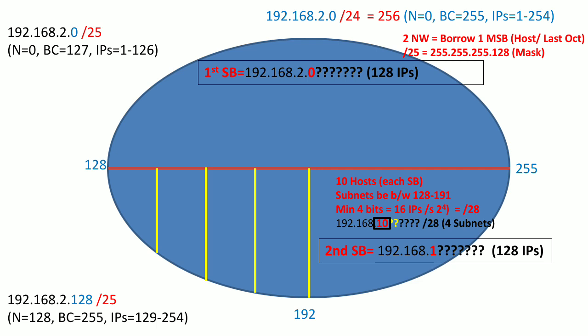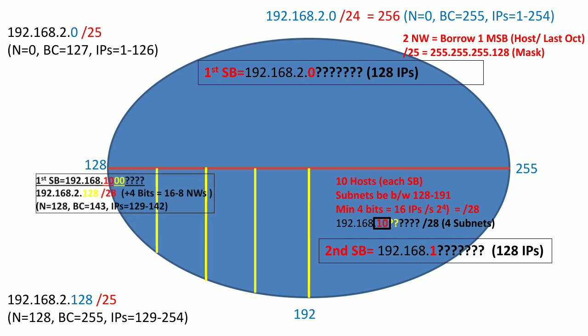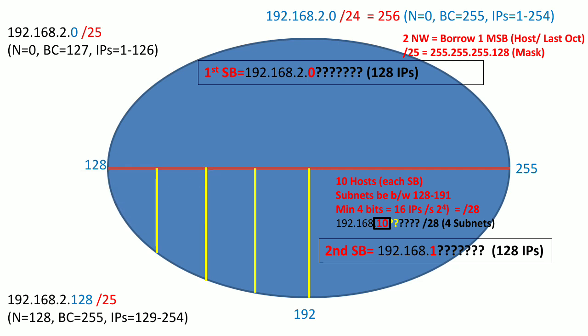The first 2 values would remain 1 and 0, and the remaining 2 bits would range from 0 to 1 for subnetting purposes, and then the remaining question marks would be the host portion, and these are the 16 host IPs in a particular subnet.